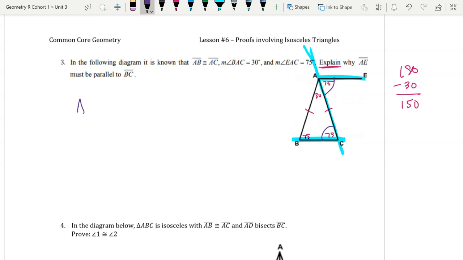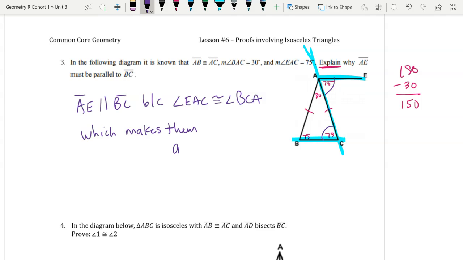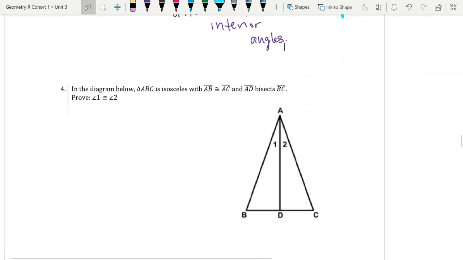So we can say AE is parallel to BC because angle EAC is congruent to angle BCA, which makes them alternate interior angles. No bubbles, no proof here, just do you know what you're doing? All right, let's go to last proof, number 4.